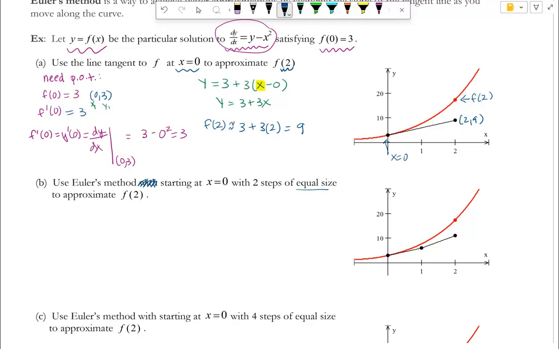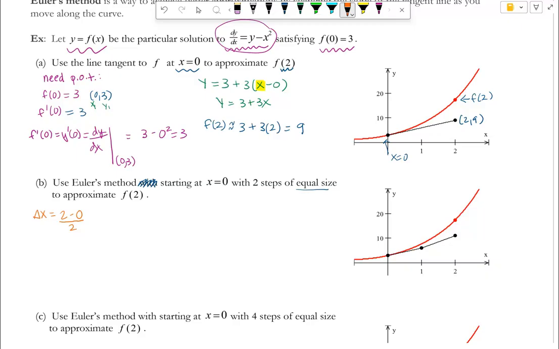So the first thing I want to think about is, if I'm making 2 steps of equal size, what really is my delta x? I am going from 0 to 2. I want to say my delta x is 2 minus 0, and I want to divide that by how many steps I'm doing. So I want to divide that by 2.